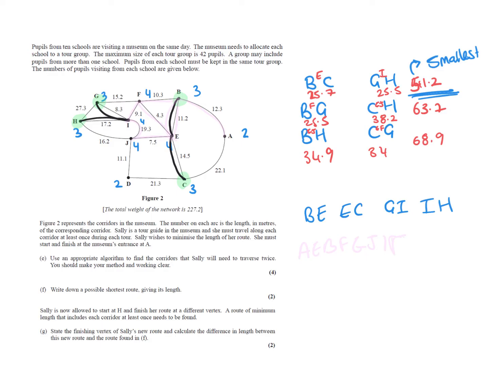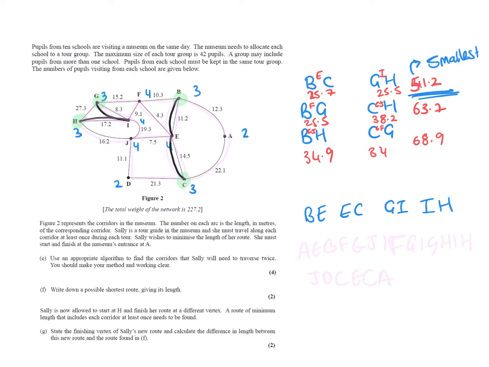J, I, F. Then I'm going to go G, I, G. Then I'm going to go H, I, H. Then I'm going to go down to J. So then I write J, D, C, D, C, up to E, back down to C, EC, and then all the way back to A. Okay?